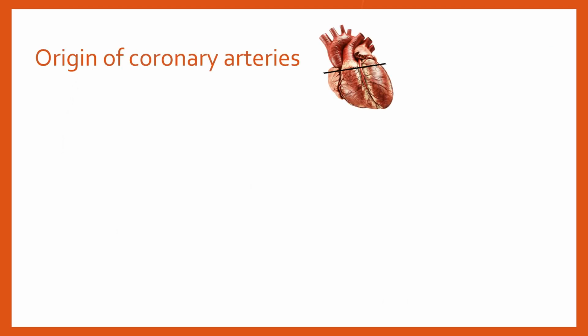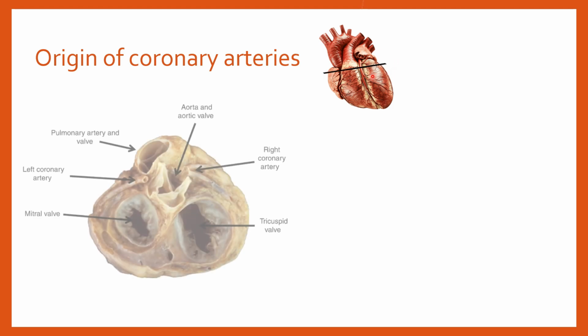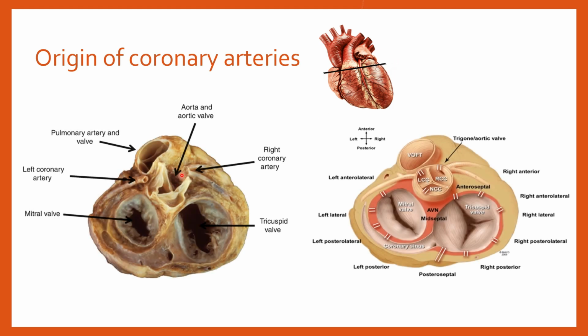The origin of the coronary arteries can be observed by taking a section at the root of the vessels. Here we can see the three aortic sinuses, the anterior, the right and the left posterior. From the anterior aortic sinus, we have the origin of the right coronary artery, and from the left posterior, we have the origin of the left coronary artery.